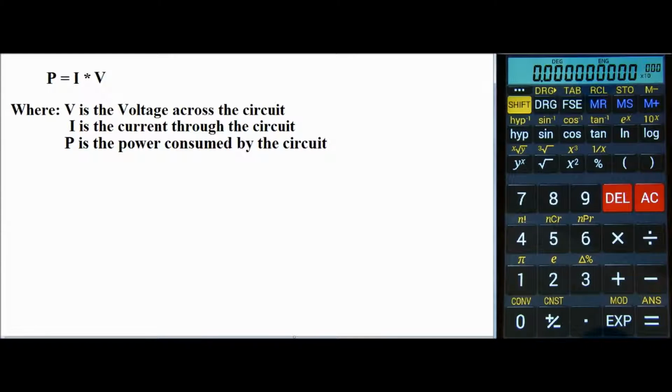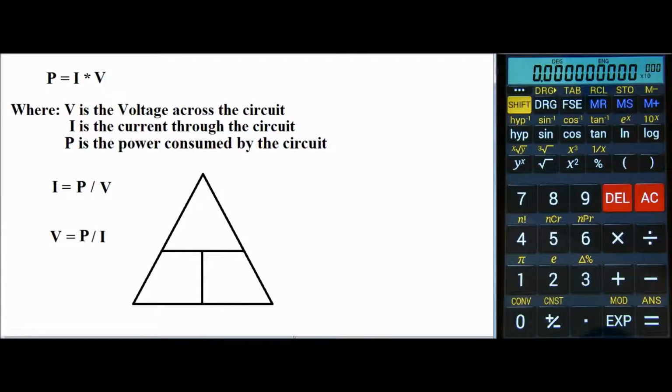Now because we have three variables, we can use algebra to rearrange them to find I equal to the power consumed divided by the voltage across the circuit, and we can find voltage equal to the power of the circuit divided by the current of the circuit. Now we could put this in a format that's easy to remember, and I choose a triangle where we can put P in the top part of the triangle and then current and voltage in the bottom.